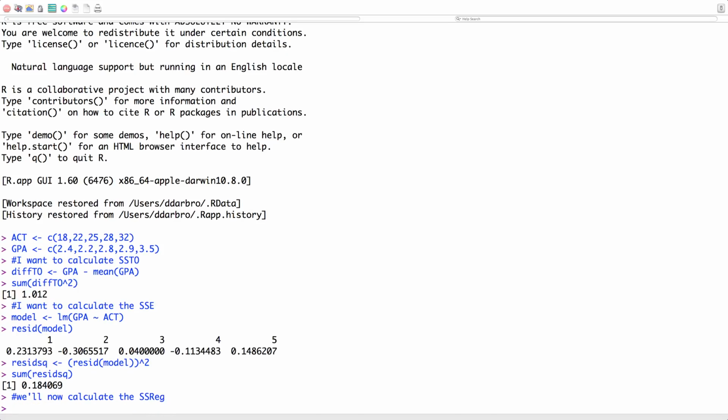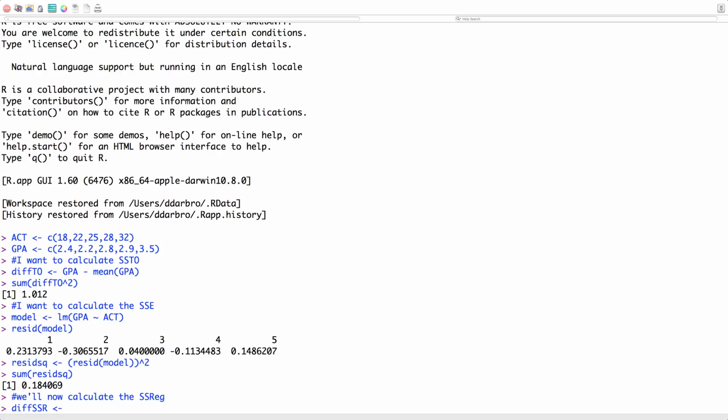And remember, that's the difference in the residuals. I'm going to do difference sum of squares regression.